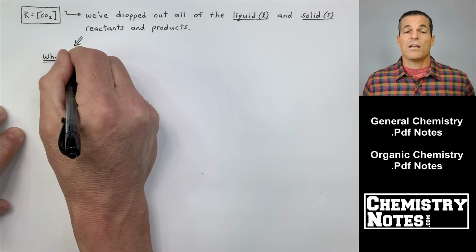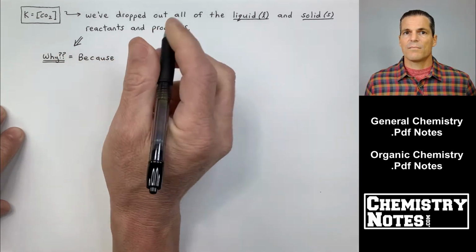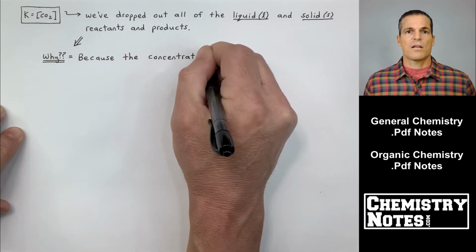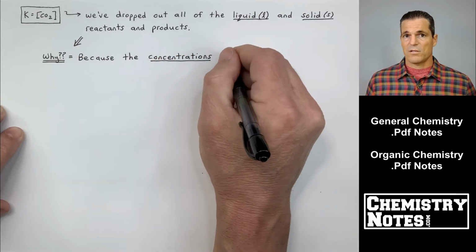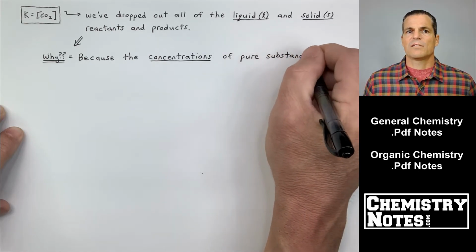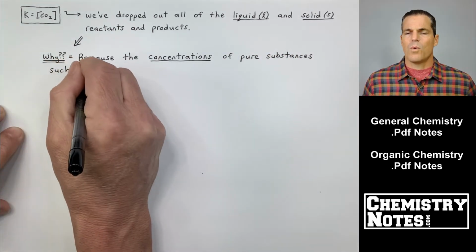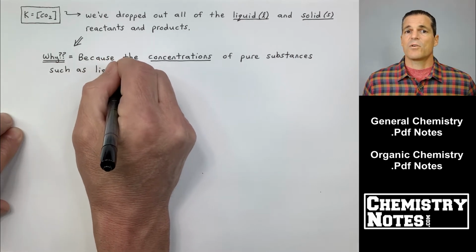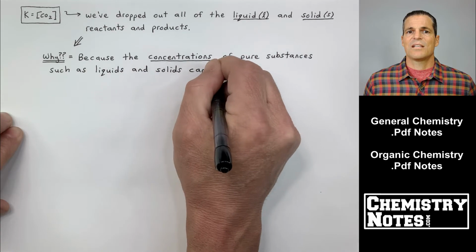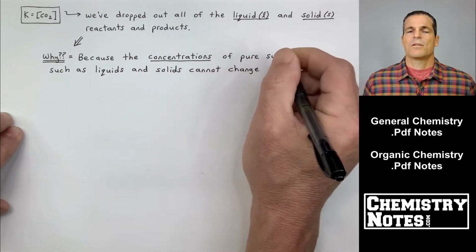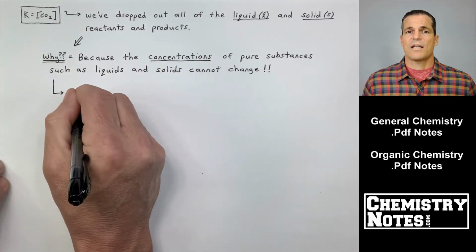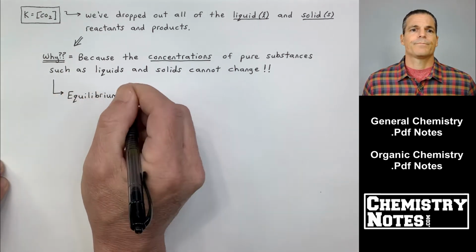Gases and aqueous, those states can have different or varying concentrations. So those are the ones that we include. All right. So it says we've dropped out all of the liquid and solid reactants and products. Why? Well, because the concentrations of pure substances, such as liquids and solids, cannot change. So that's how we can just drop it out.